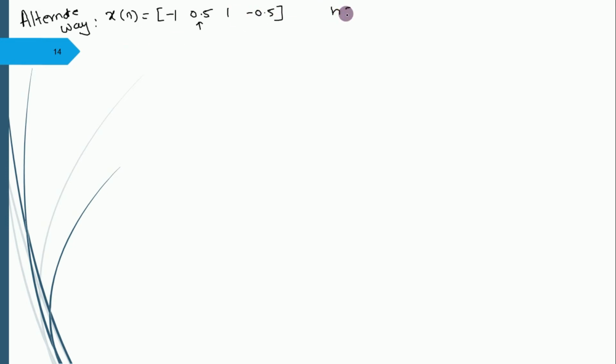H of n as 0.5, at index 0, 1, minus 0.5 and 0.5. So the table should be built like this. The k values should be taken like this, so if I write its index, it is 0, 1, 2, 3.